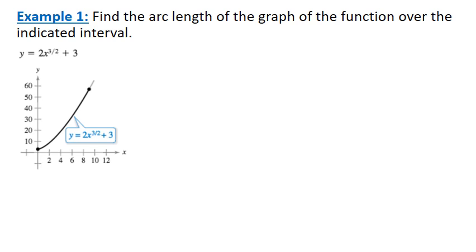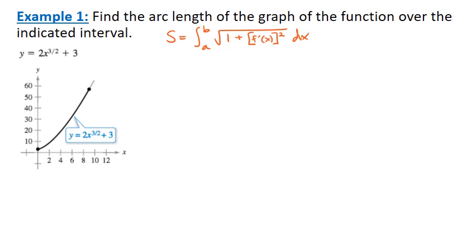Namely, it involves the formula that was given to us on the previous slide, which is s equals the integral from a to b. Here, everything is in terms of x, so we will integrate the square root of 1 plus f prime of x squared dx.